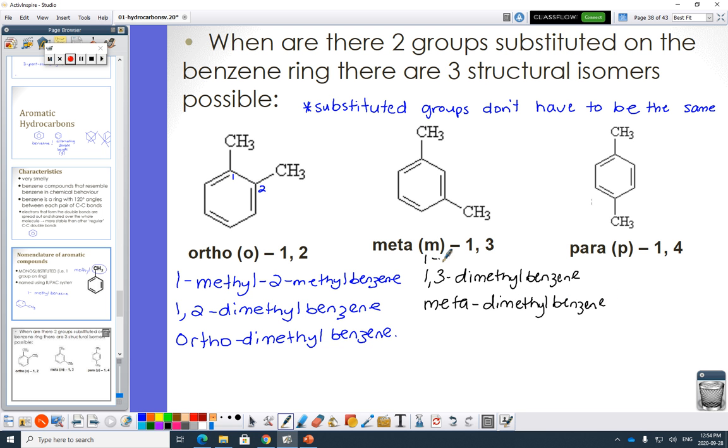I forgot to write 1-methyl, 1,3-methyl. And then I'm out of room, so I'm going to do this one now.